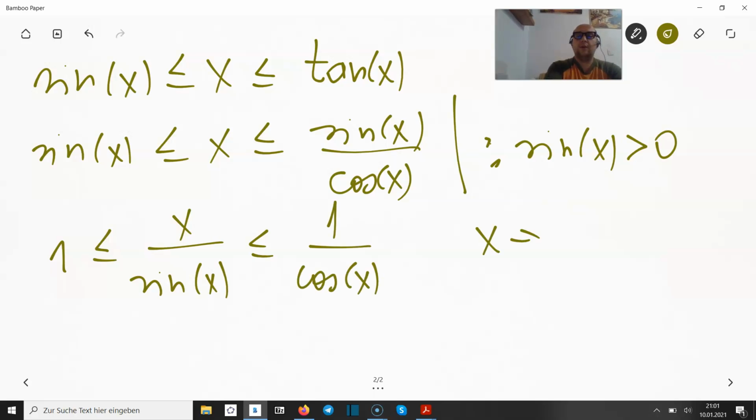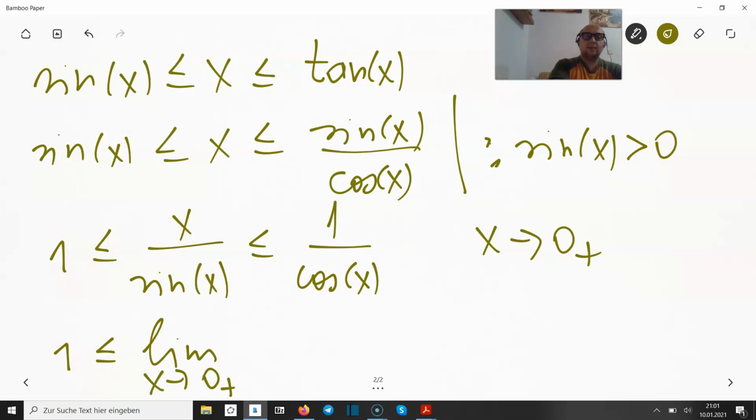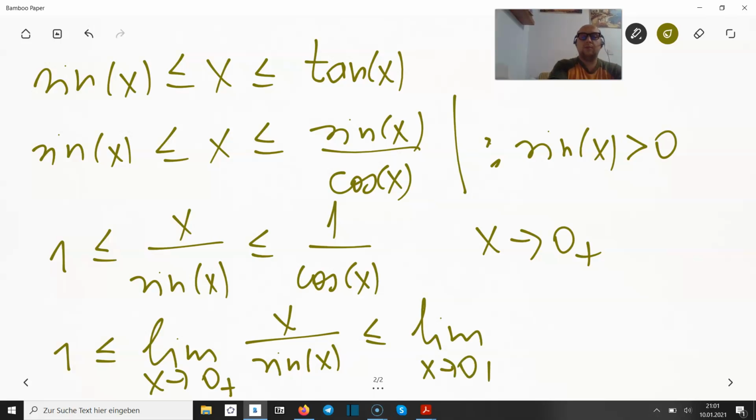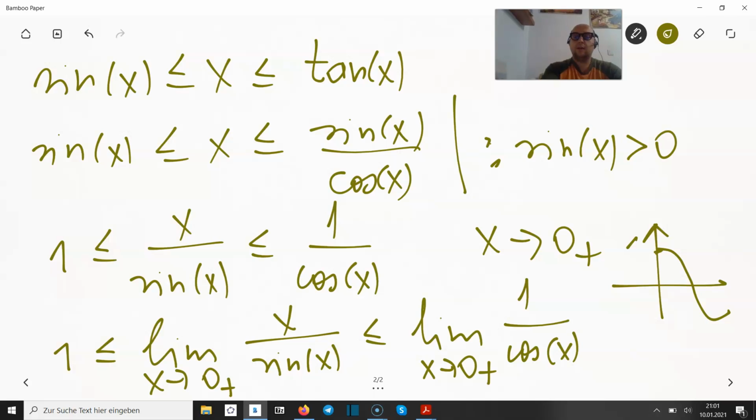What is happening now if x is running towards 0? I don't care from which side, but we said x is positive, so let's keep it positive. Well, we still have 1 on the left-hand side. We have less than or equal to the limit as x goes towards 0 from the right-hand side of x divided over sine of x. And it should be less than or equal to the limit as x goes towards 0 from the right-hand side of 1 divided by the cosine of x. But what is the cosine of x at 0? This is 1.